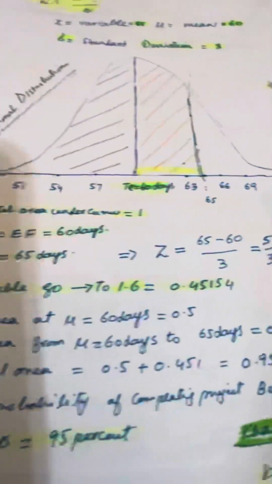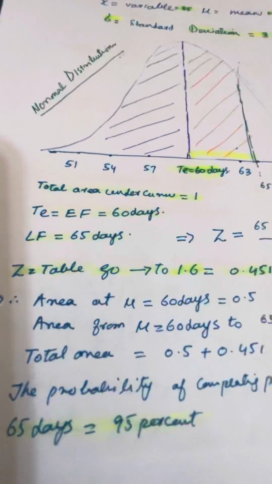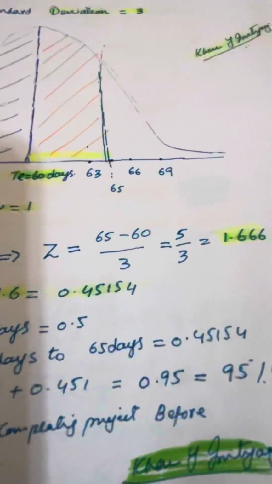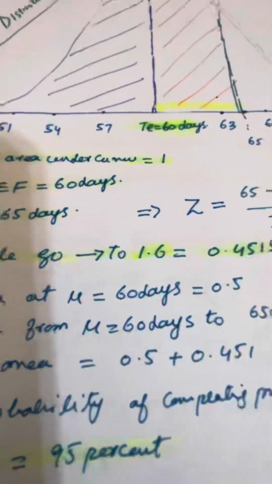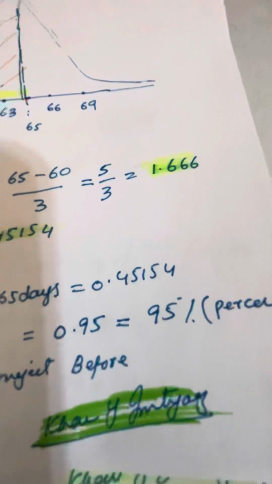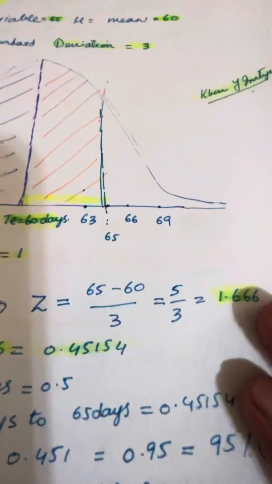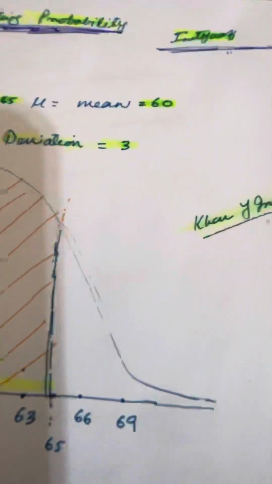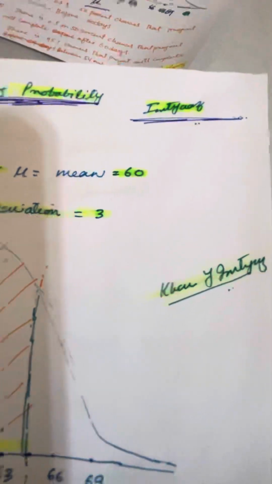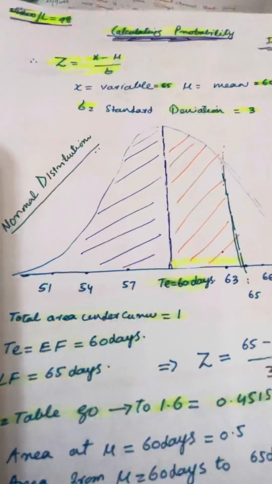So we got 95%. So what did we get here? The probability of completing the project before 65 days is 95%, guys. You have a 95% chance that you can complete the project before 65 days. Almost done, you know.